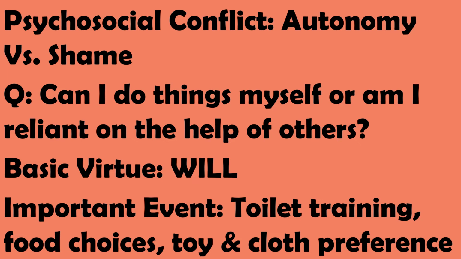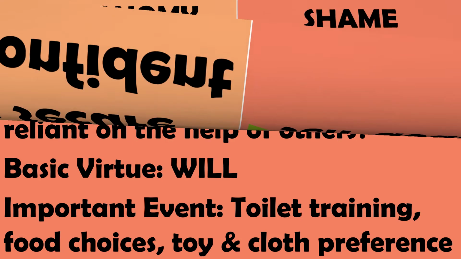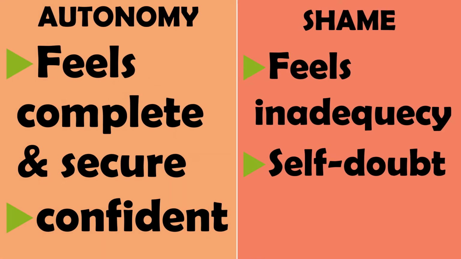Important events are toilet training, food choices, and toy and clothing preference. Children who successfully complete this stage feel secure and confident, while those who do not are left with a sense of inadequacy and self-doubt.